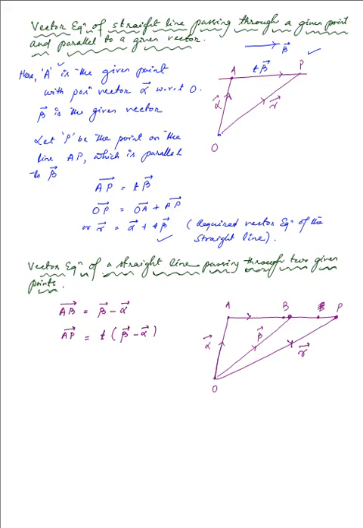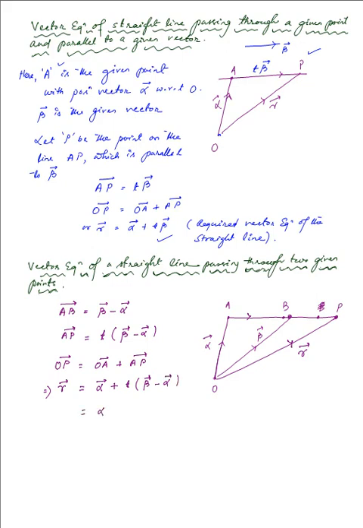So that means we'll have to just obtain the OP vector, which is equal to OA plus AP. On the left hand side we have the r vector, the position vector of the point P, that is equal to OA, here alpha vector, plus t times beta minus alpha vector.